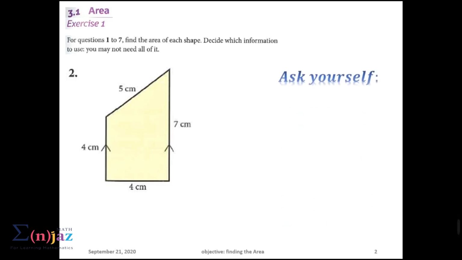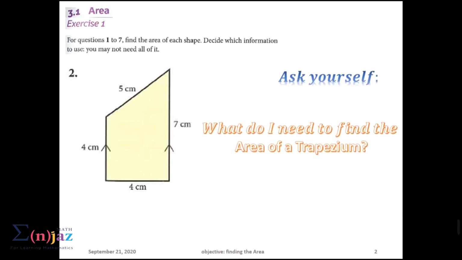Second thing that you have to ask yourself is, what do I need to actually find the area of a trapezium? We need to know the length of each of the two parallel sides, as we can see here, 7 and 4, and we need to find as well the vertical distance.